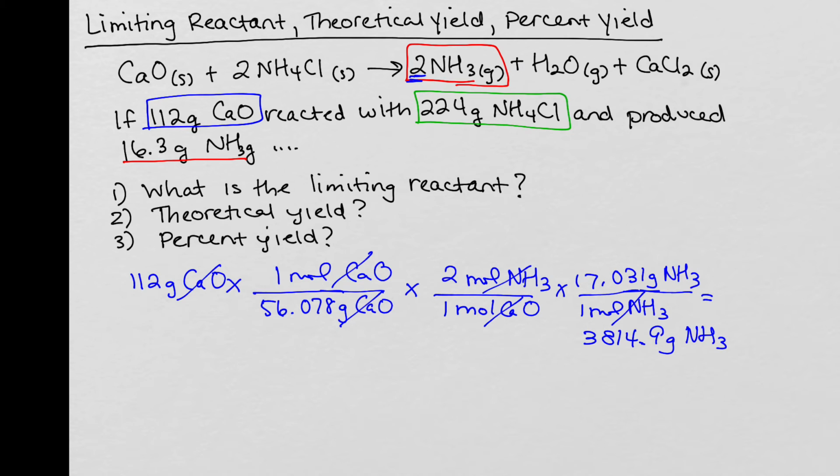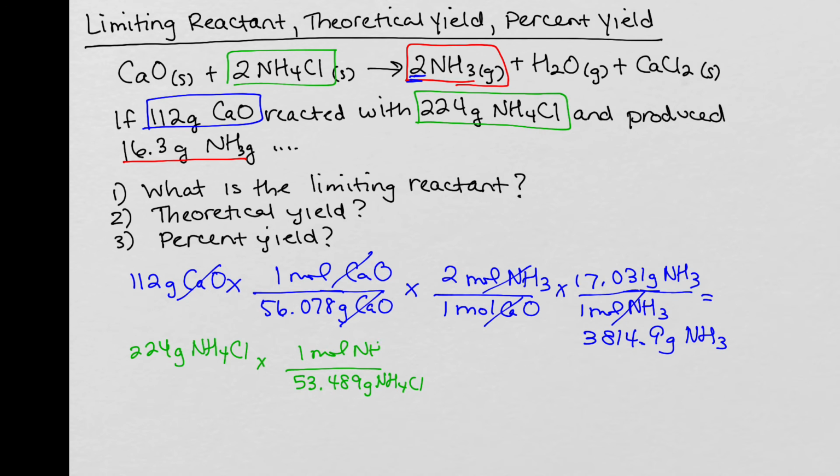Now what happens if I start with my ammonium chloride instead? So I was told that I have 224 grams of ammonium chloride. So the first thing I need to do is convert this into moles. 4 hydrogens, 1 nitrogen, and 1 chlorine is 53.489 grams in 1 mole. So that converts grams of ammonium chloride into moles of ammonium chloride.